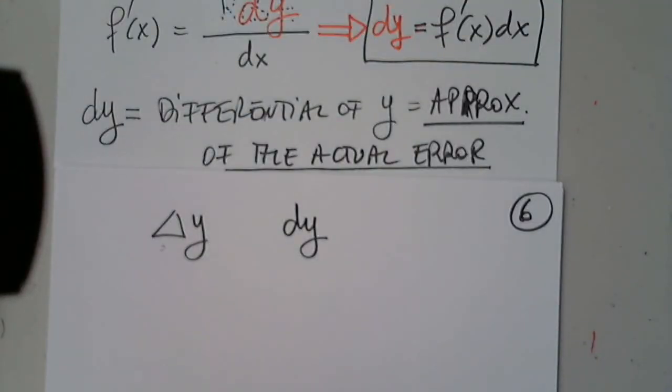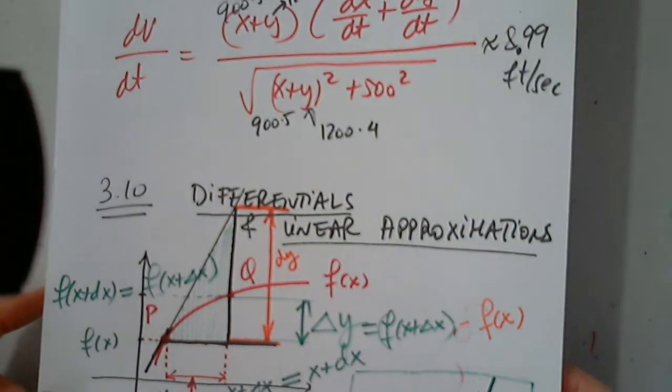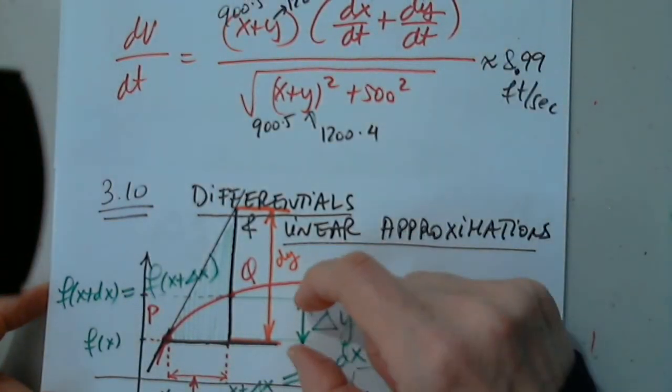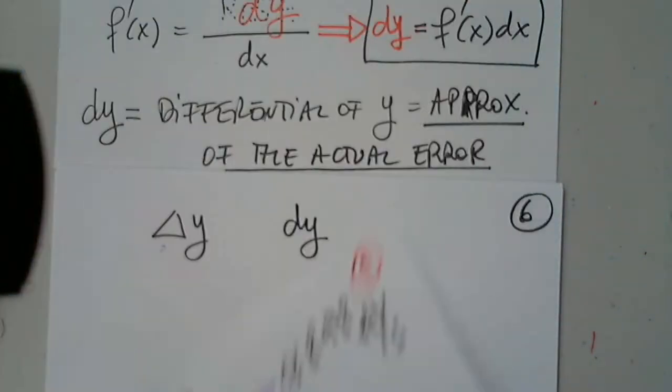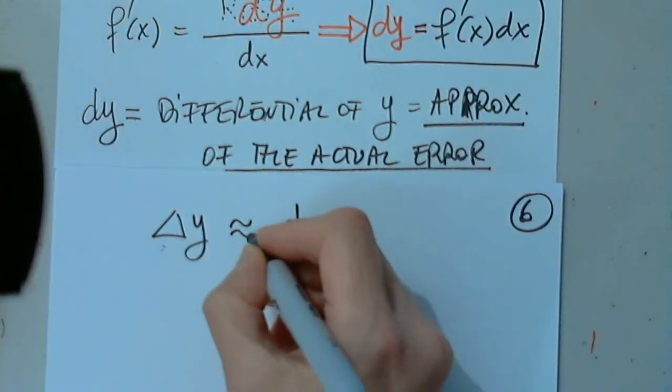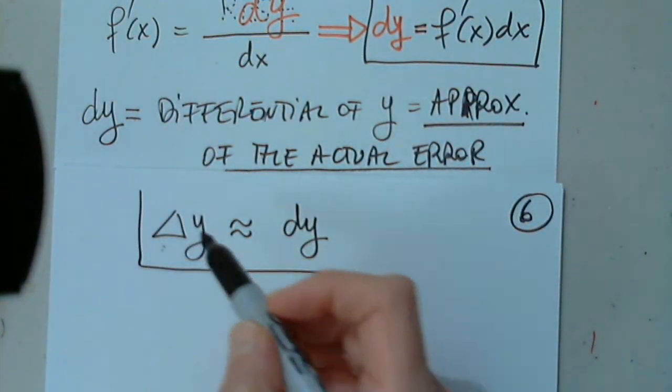We know that they're not equal to. I used that word several times here. Delta y is approximately dy. And that's exactly what we have to use. Just equal. Yes, exactly.